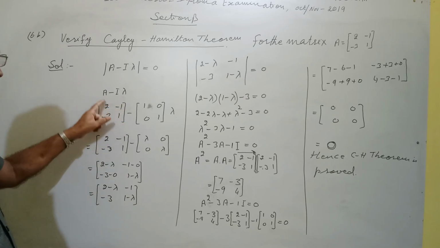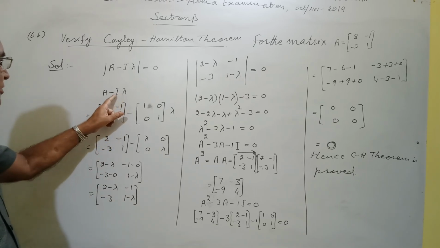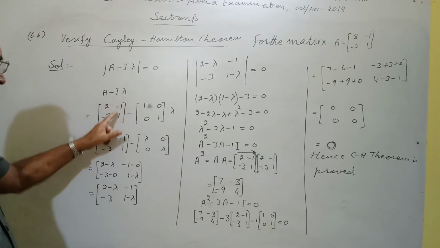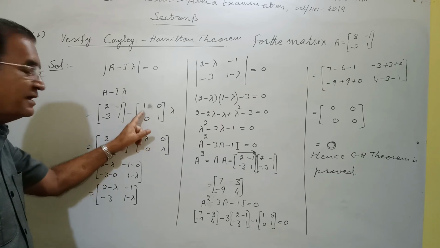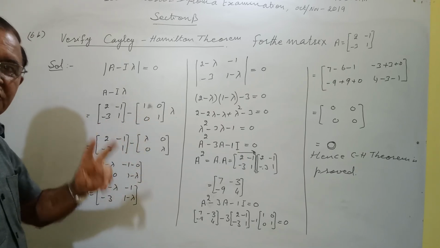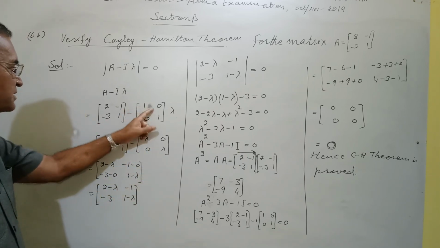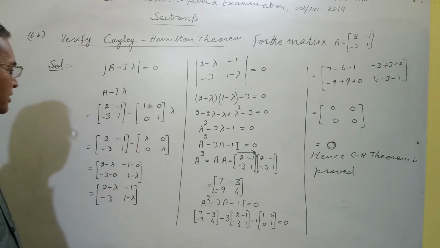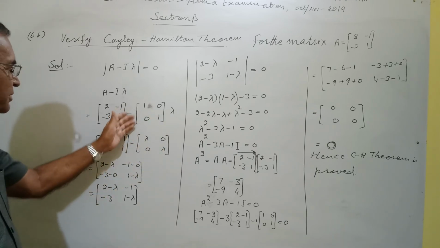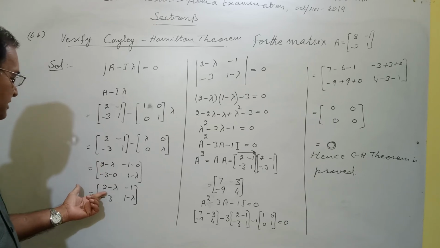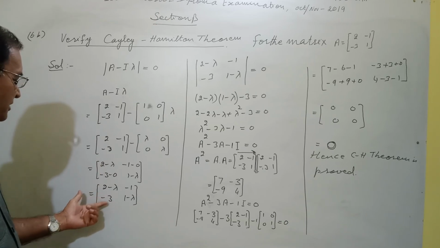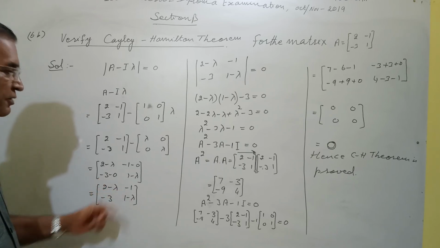A minus lambda I, put the value of A, put the value of I. A is given to be 2 by 2. Therefore, you will put I as identity matrix of order 2, which will be 1, 0, 0, 1 into lambda. After multiplying by lambda, find the value. So, we will get this matrix as 2 minus lambda, minus 3, minus 1, 1 minus lambda.